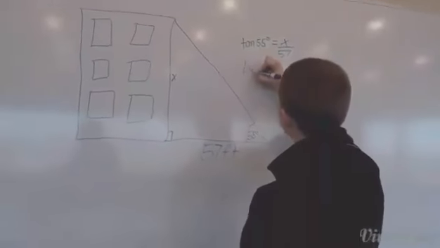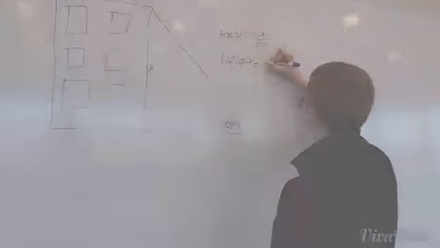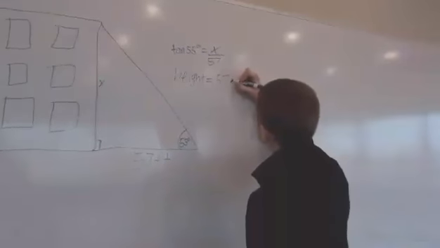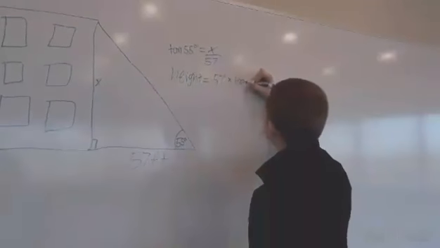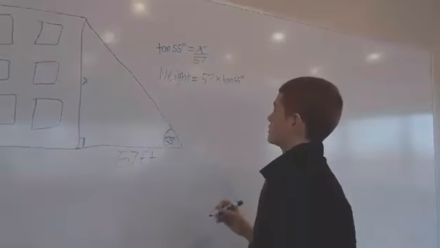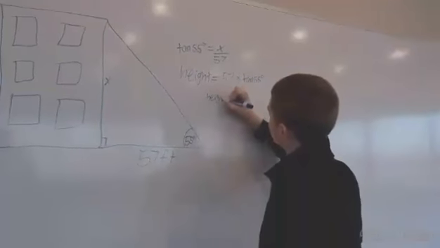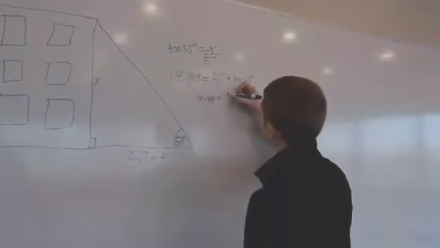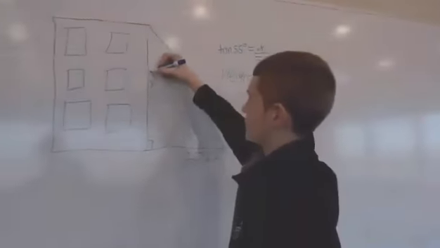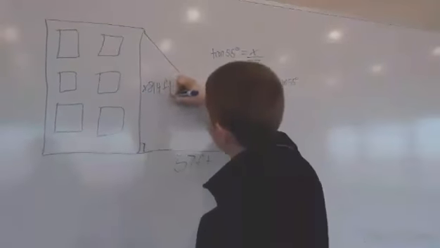And so height equals 57 times tangent of 55. We'll put that in our calculators and it comes out to height equals 81.4. And so the height of the building is 81.4 feet.